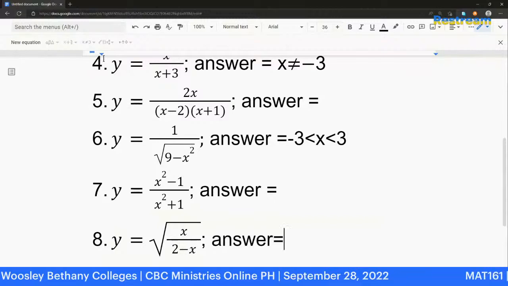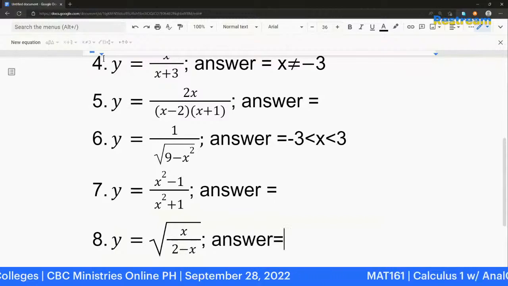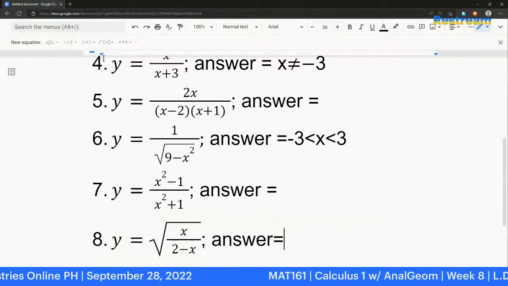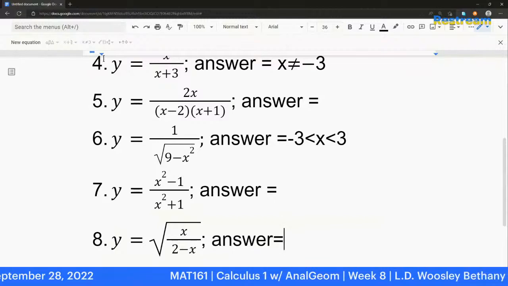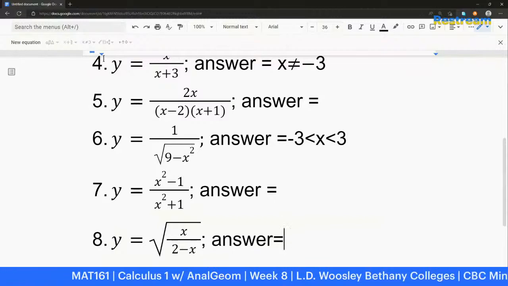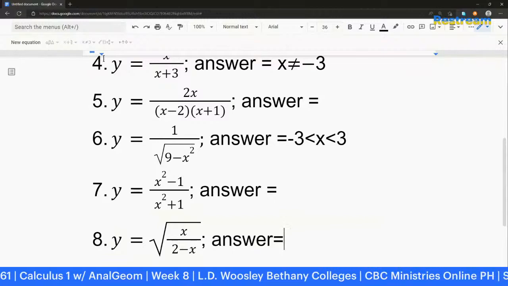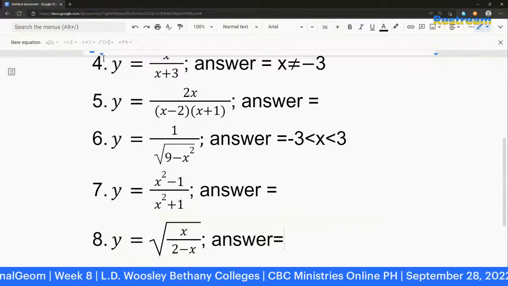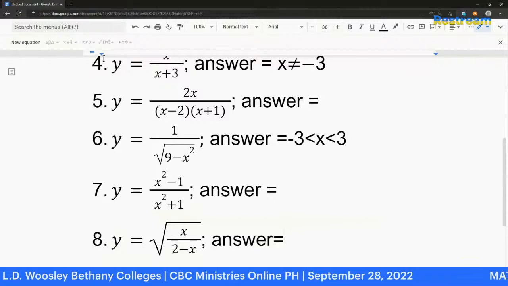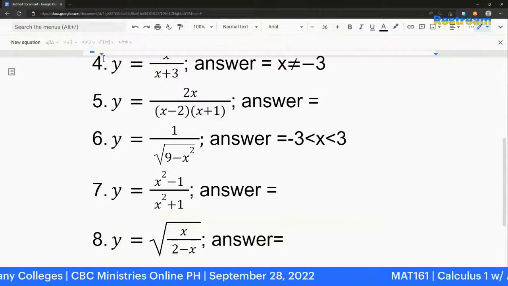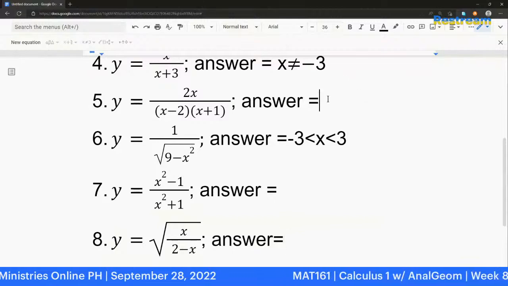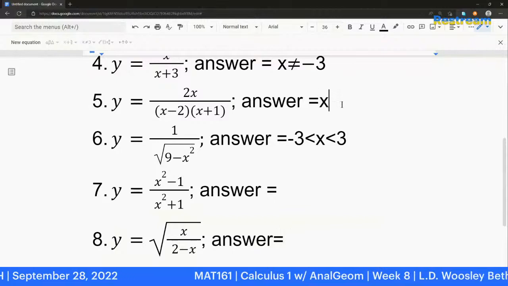Nora, are you ready to answer? Try lang po, sir. Sige. Yung number 5 ko is x not equal to negative 1 and positive 2 po. Actually, correct yun.